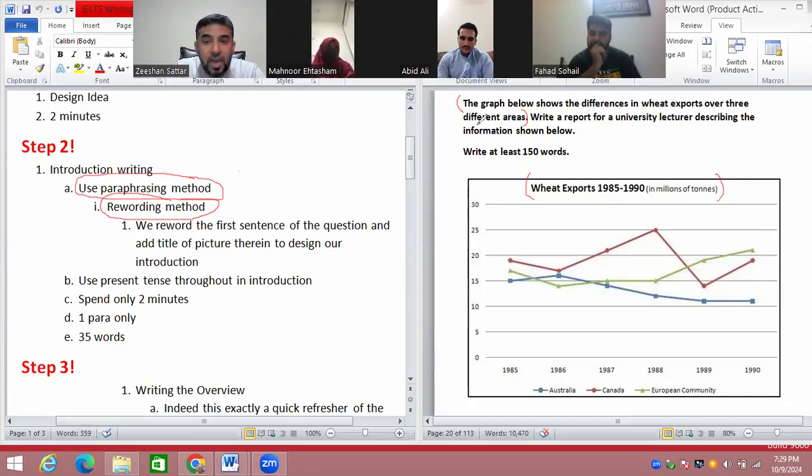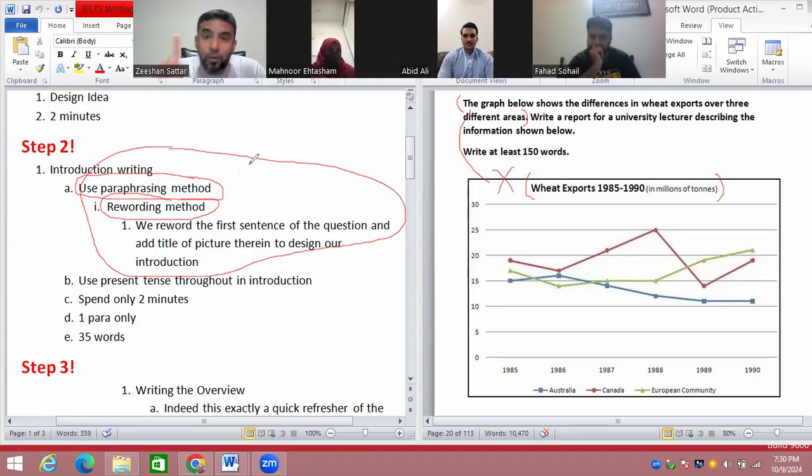So if we reword this first sentence and add the title of the picture into this sentence and combine them together, these will design my introduction of the summary, and this is known as the paraphrasing method. What is the paraphrasing method? Rewording method. How will we write the introduction of a summary question?